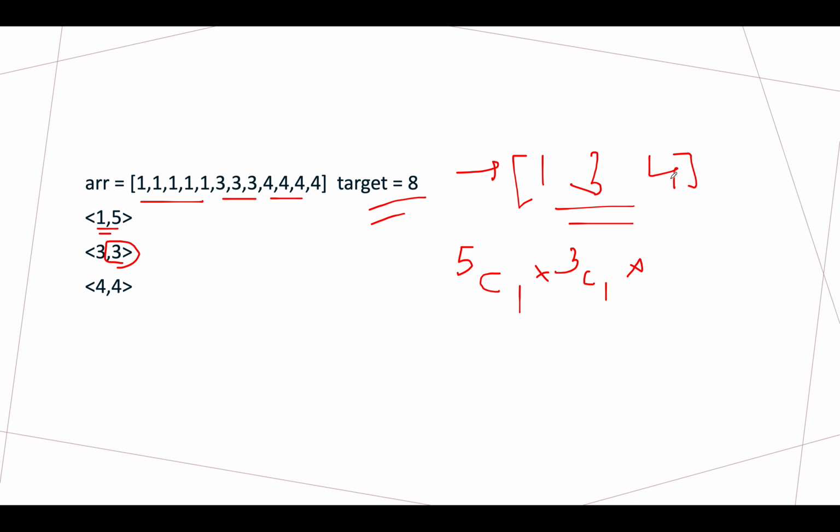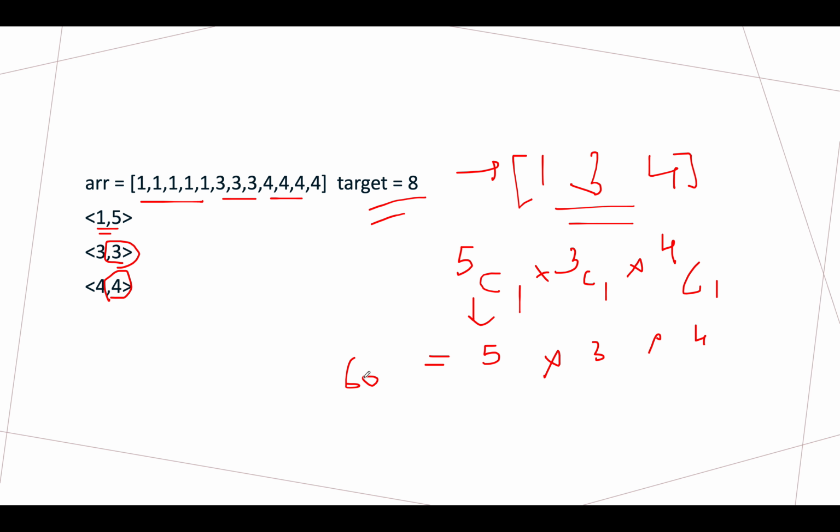And in how many ways can we pick 1 four out of these 4 fours? So 4C1. Please note that we are looking at the frequency, not the number. So that would be 5 into 3 into 4. 5 into 3 is 15, 15 into 4 is 60. So the total number of ways in which you can generate 8 is 60.